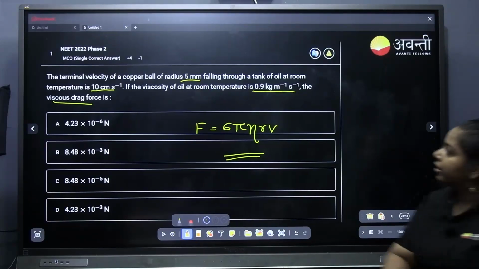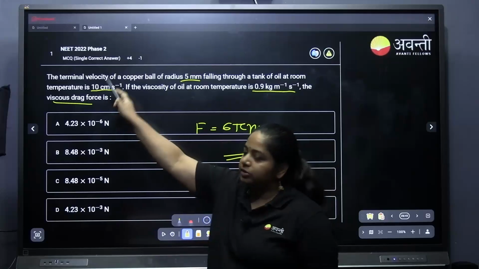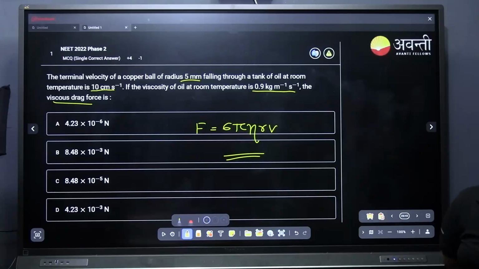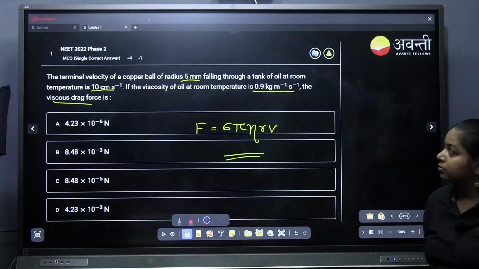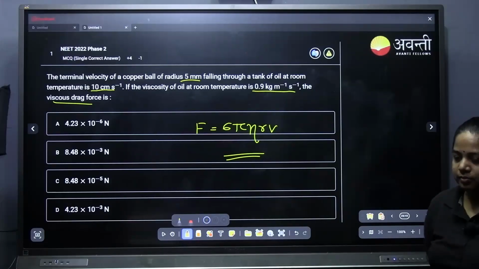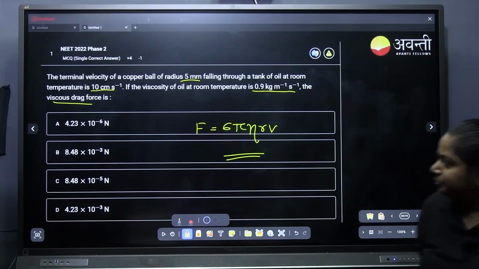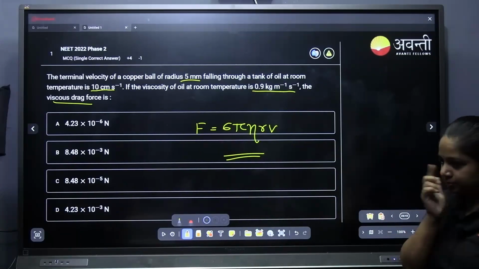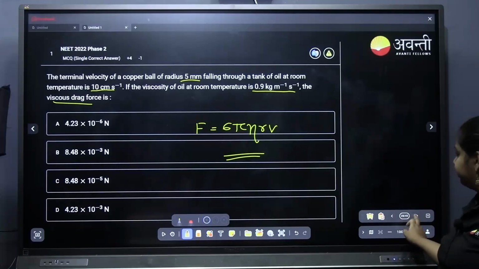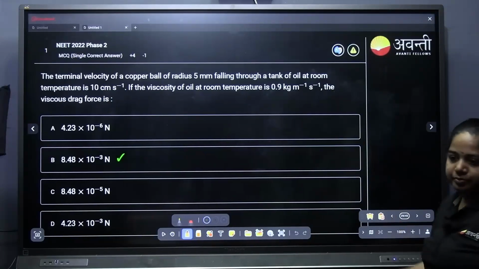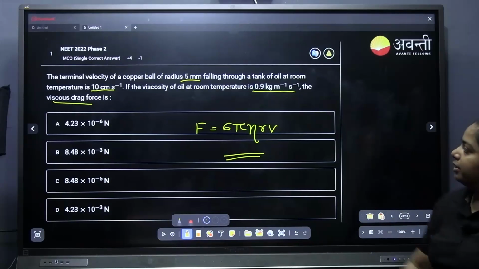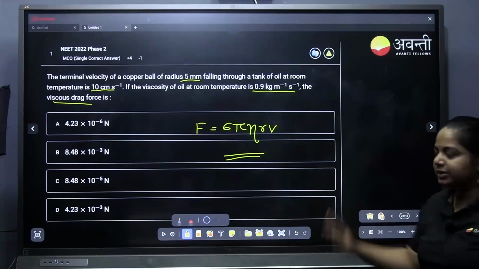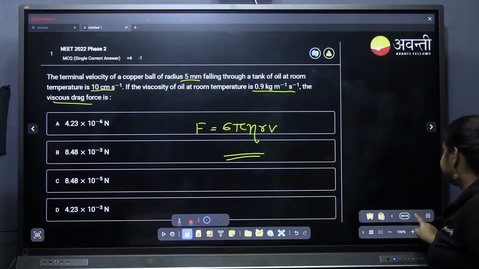Just don't forget to convert this into meter and this also into meter. Option B. That is the correct answer. If you properly substitute all the values, you will get the correct answer. There is nothing else in this question to discuss.